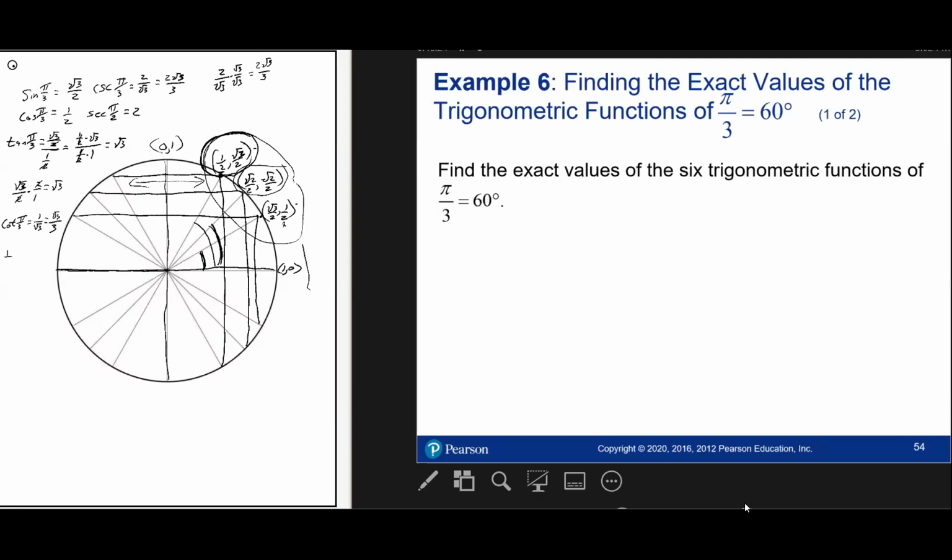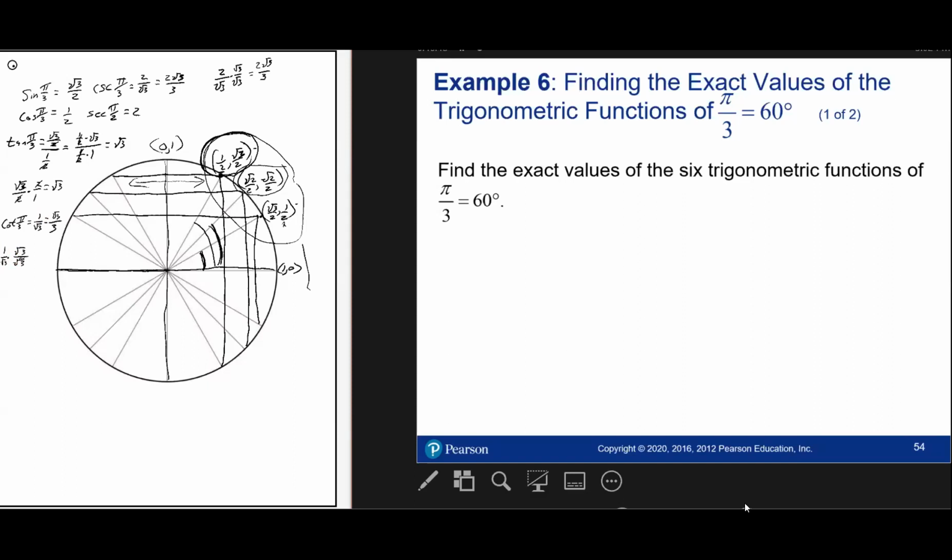So what I did there is I had 1 over the square root of 3, and I multiplied by the fraction square root of 3 over the square root of 3. I multiplied by 1. I'm always multiplying by 1 to change what things look like.